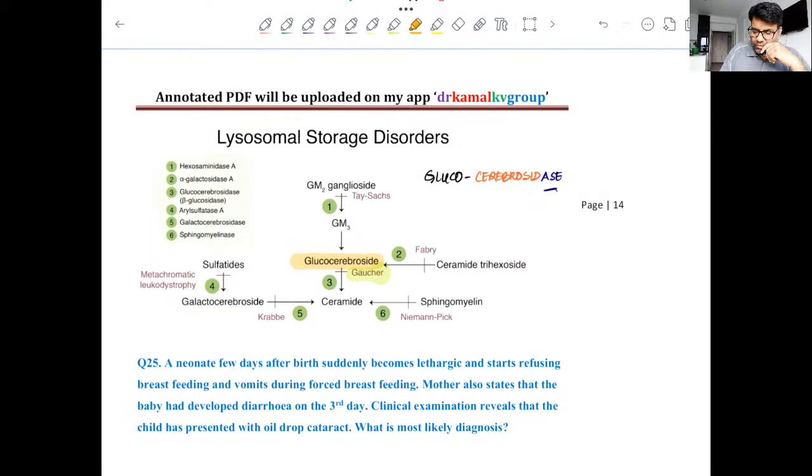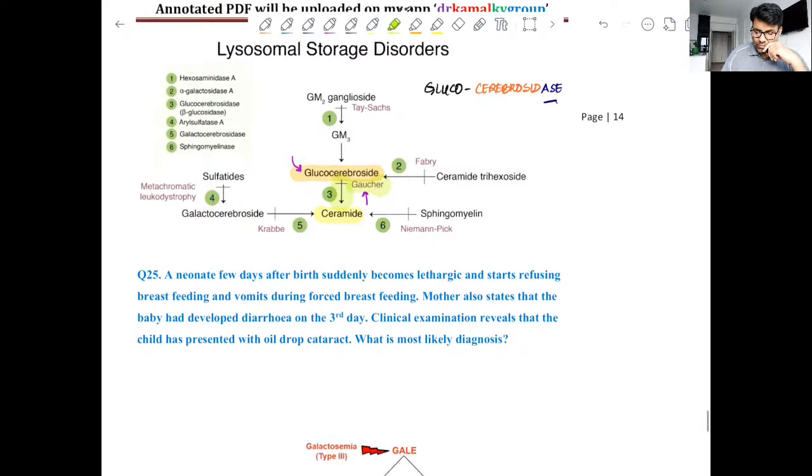So this is the substance which is accumulated in Gaucher's disease, glucocerebroside, because there is deficiency of glucocerebrosidase, which converts glucocerebroside into ceramide, right? So please remember this for Gaucher's disease, which is the most commonly asked lysosomal storage disease.